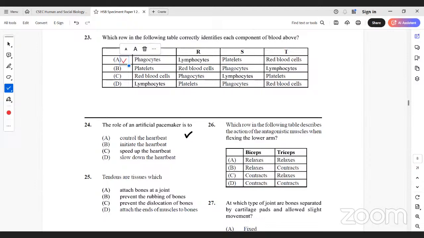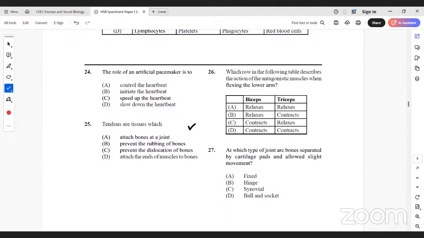The role of an artificial pacemaker. Now, pacemakers, and I'm taking my time with this question, do 2 things. They control the heart rate, and when the heart rate falls low, they want to be able to speed it up, which is an aspect of control. An artificial pacemaker is usually put in when something is wrong with the actual natural pacemaker.